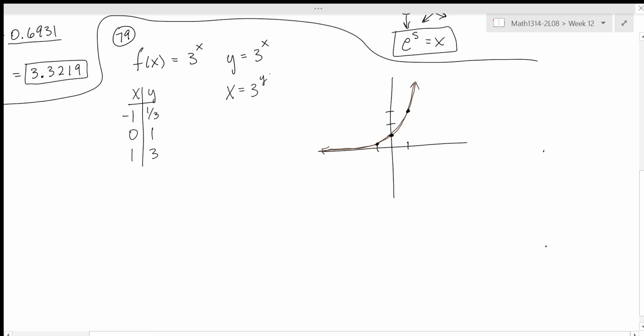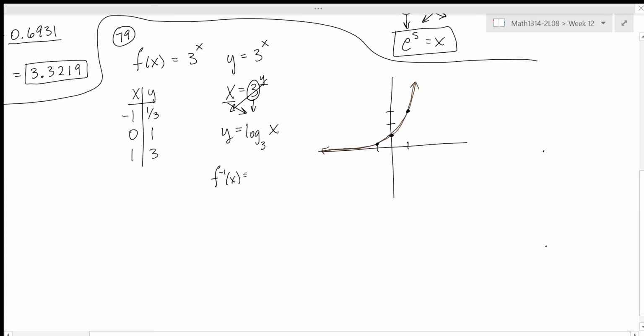And you're about to see why logarithms are even needed in math, okay? Because now we're going to do the poem I just taught you. We're going to bring the base down, switch the other two around. Bring the base down. That's going to become log base 3. And switch the other two around. Y and x.